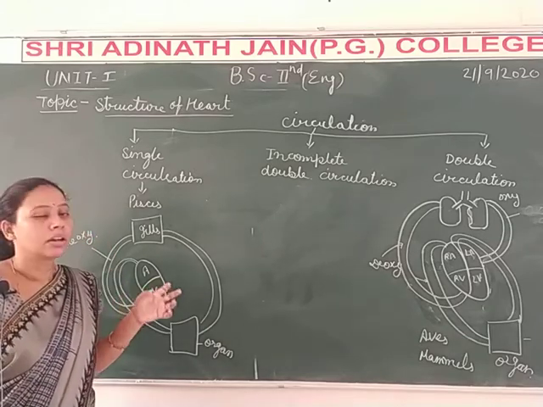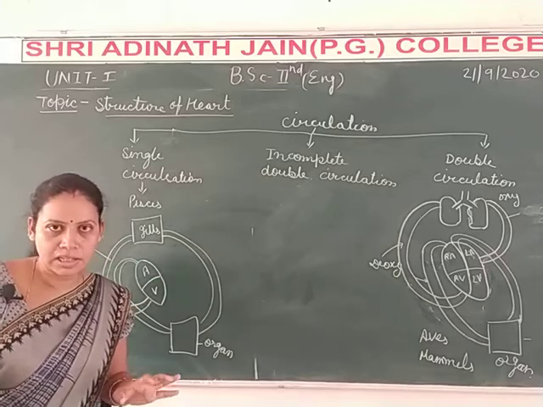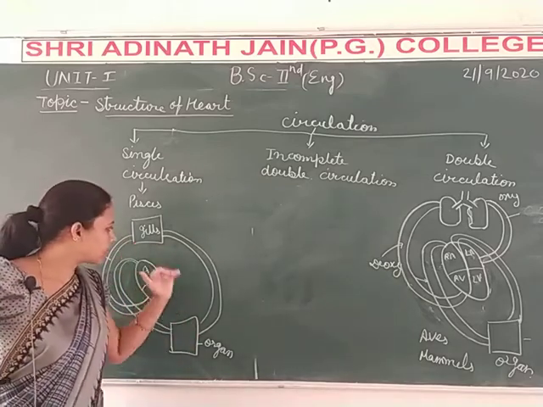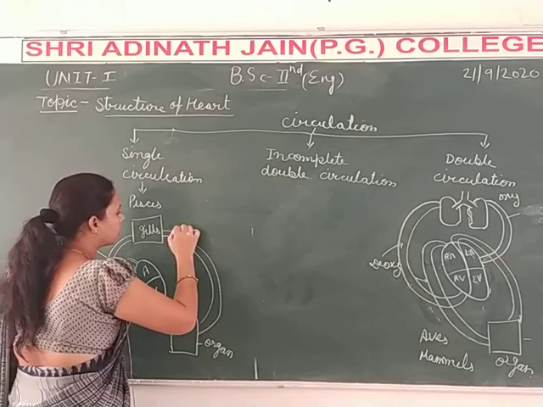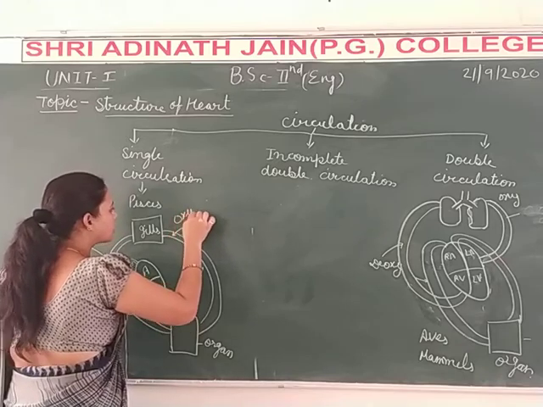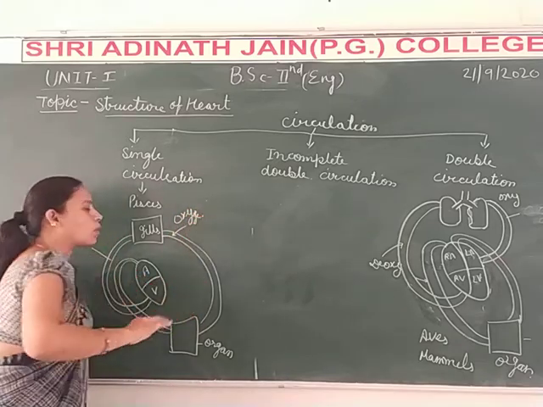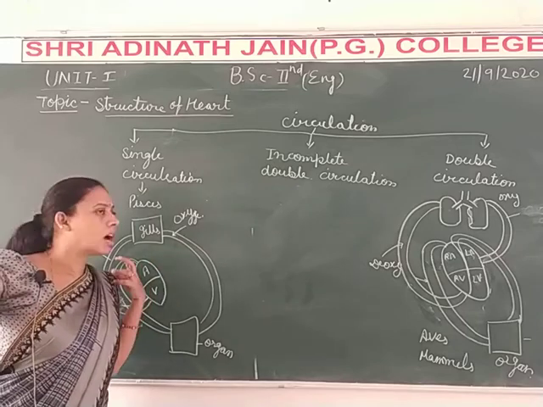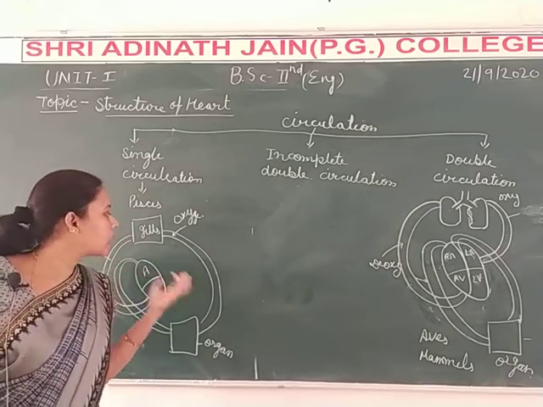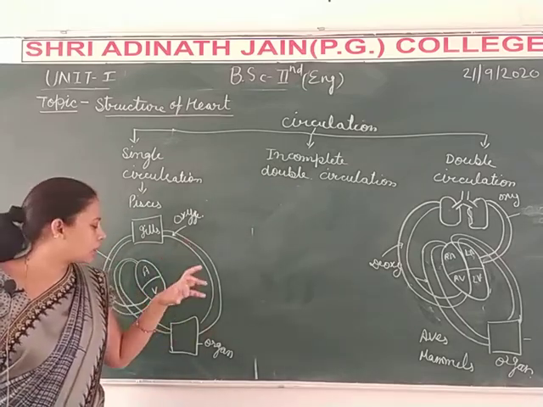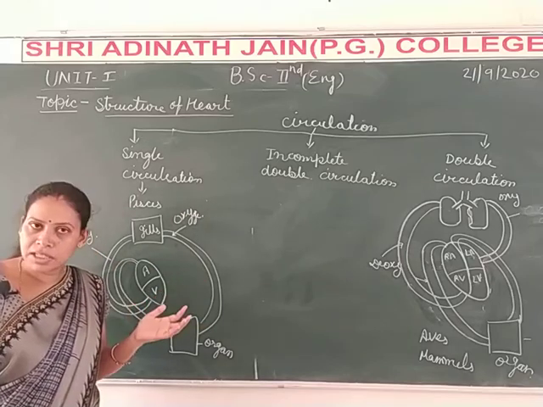From the gills, by the blood vessels, the oxygenated blood in this area is oxygenated. So from that area, the oxygenated blood is directly transferred to the body parts.